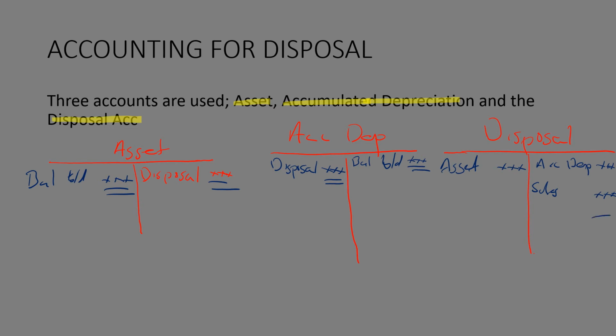Then you balance it off. So if the debit side of the disposal account is smaller than the credit side, this will be profit.